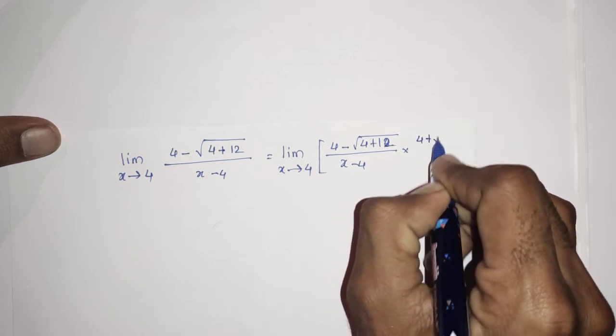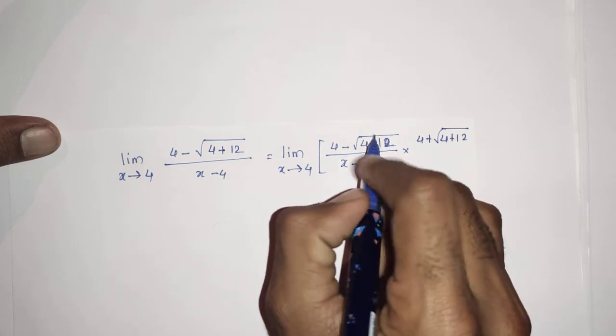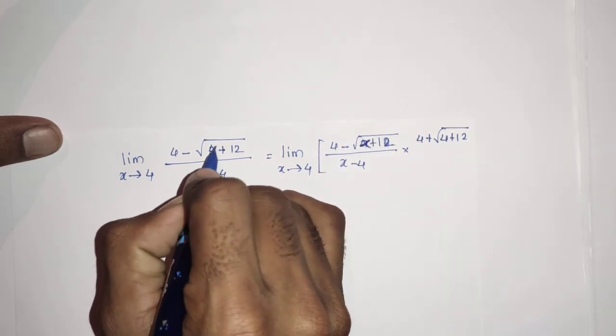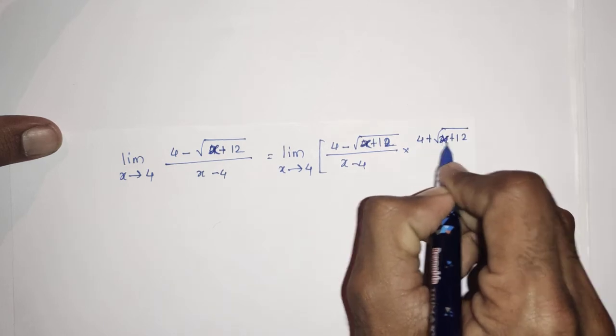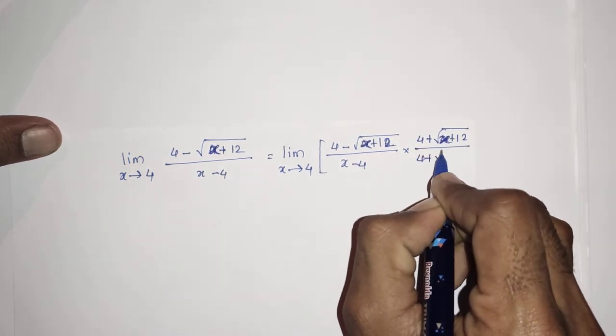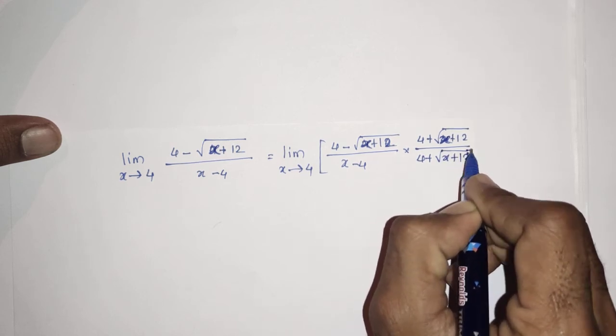So 4 plus square root of x plus 12, divided by 4 plus square root of x plus 12.